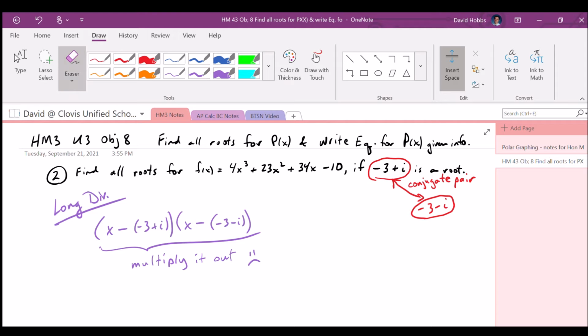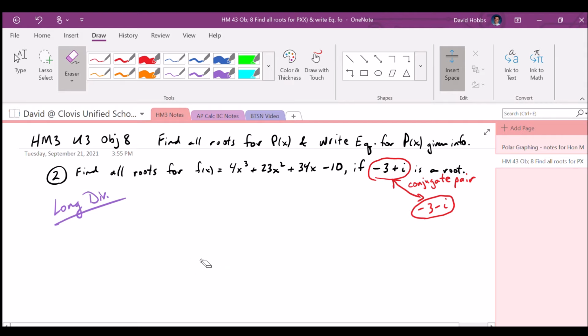Now, there is another method involving the sum and the product of the roots, and that method works very nicely. However, in my experience teaching, I found that some students would get that, but a lot of students would get mixed up as to how to use the sum and the product of the roots to make the quadratic that contains those 2 roots.